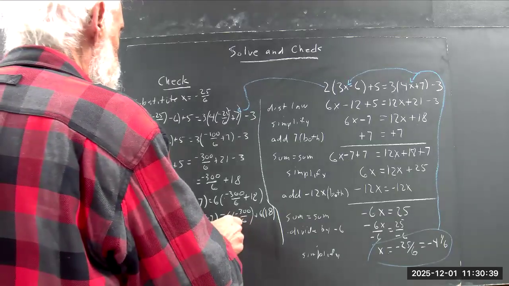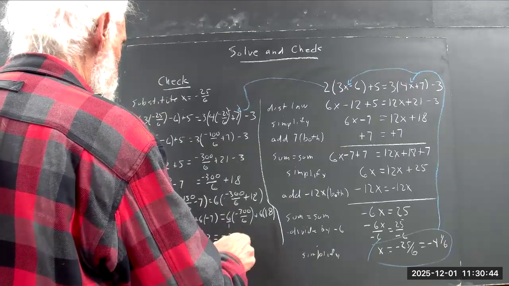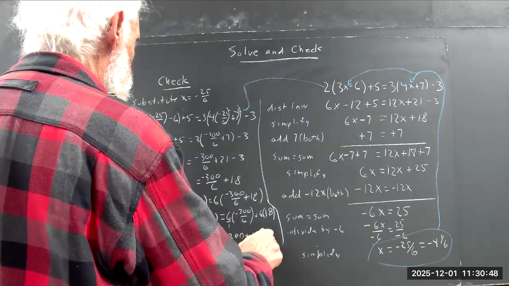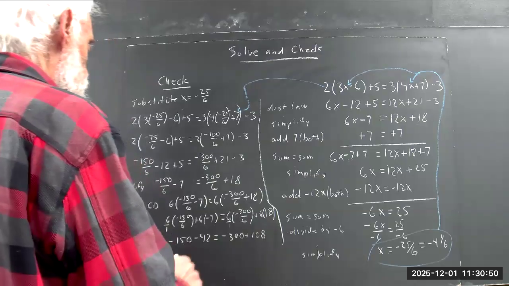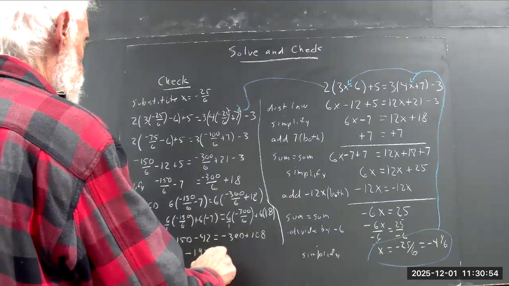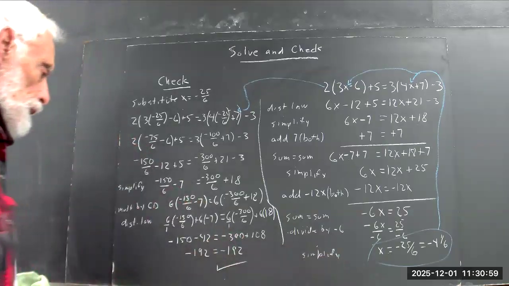And the 6's divide out here. And we get negative 300 plus 108. That gives us negative 192 equals negative 192. And we put a big check mark there.